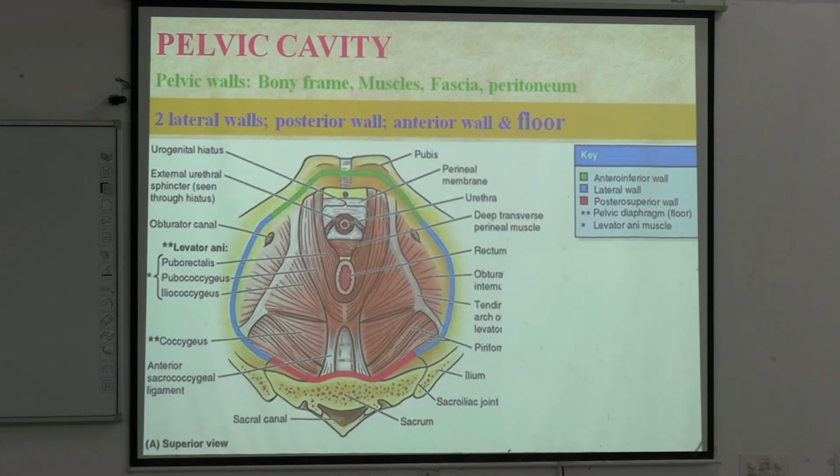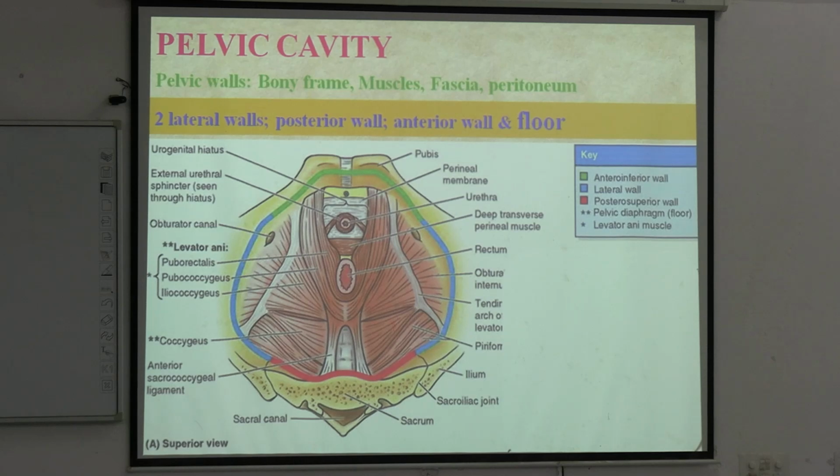Now, we are going to talk about the pelvic cavity. We know this pelvic cavity has borders or walls. It has an anterior wall, a posterior wall, and two lateral walls, right side and left side. The anterior wall is made of bones, which you can see: the symphysis pubis, and this bone which is extending to the iliopubic eminence.